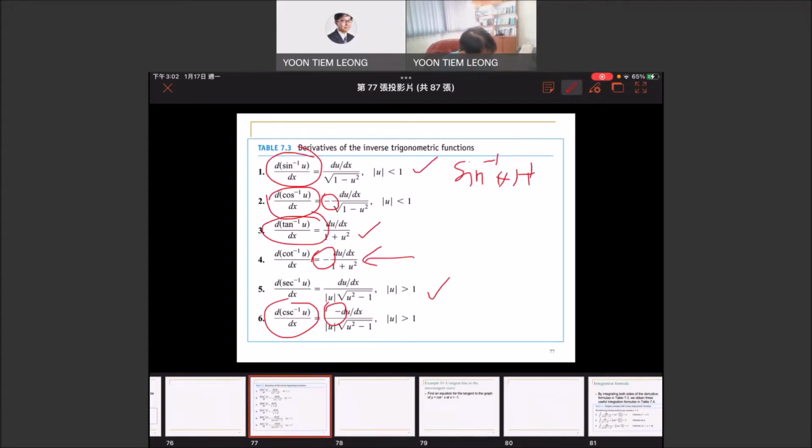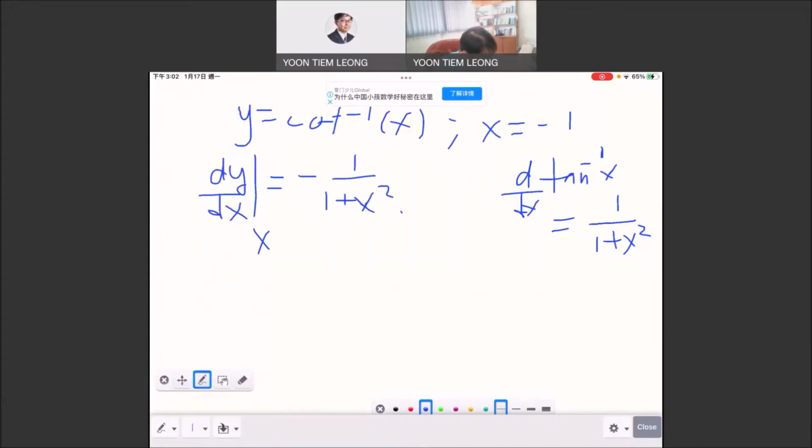So when x equals minus 1, the value of dy/dx would be minus 1 over 2. Right? So when x equals minus 1, we can see that the slope is just minus half. So that is the first part of the answer.